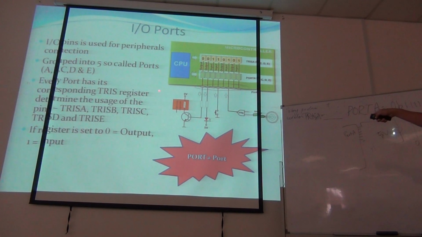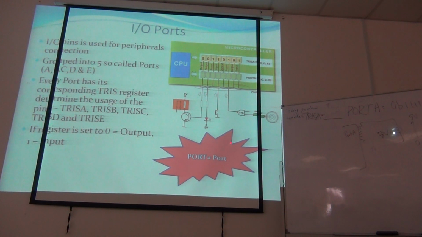Now we have 5 ports. For PIC 16F, you have 5 ports: A, B, C, D, and E. These ports correspond to the TRIS registers. Just now I told you about the TRIS register. We have TRIS A to TRIS E. If the register bit is set to 0, it means output; 1 means input. This is the example just now. If you change the value like this, what is the component that you can use?